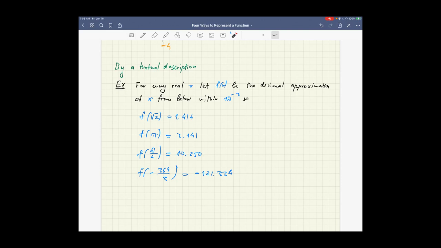You can actually find an explicit formula for this function f, and it's one of the exercises after this chapter. It's possible to find an explicit description for this function f. All right, that's it for various ways to represent functions.